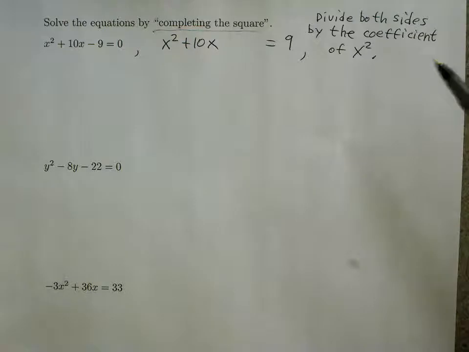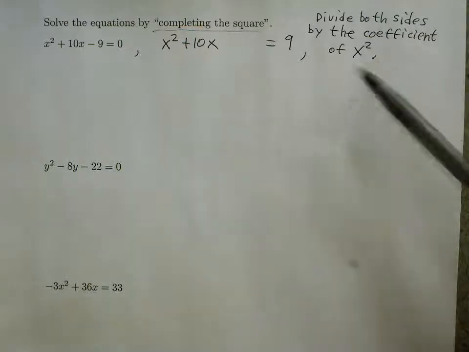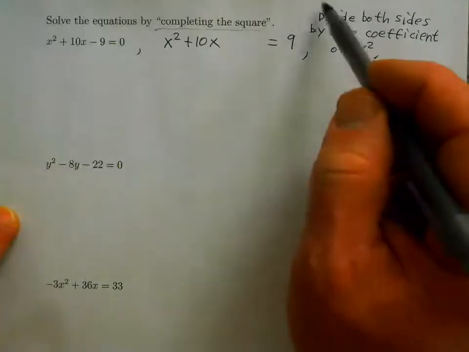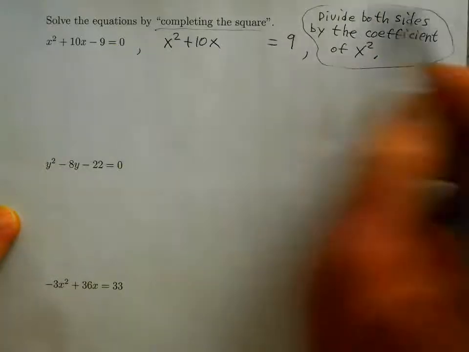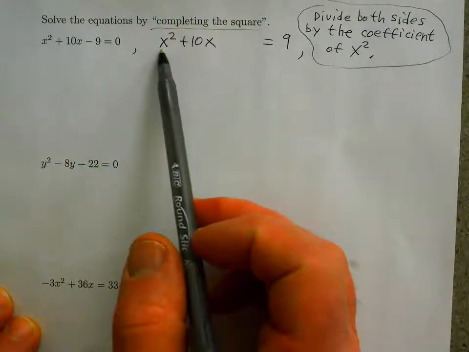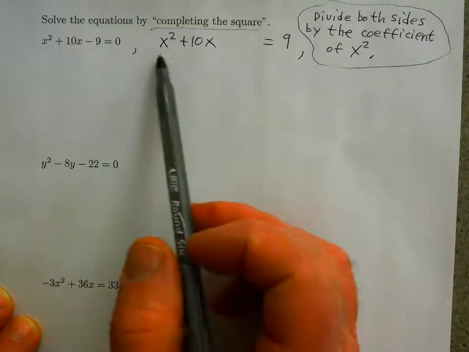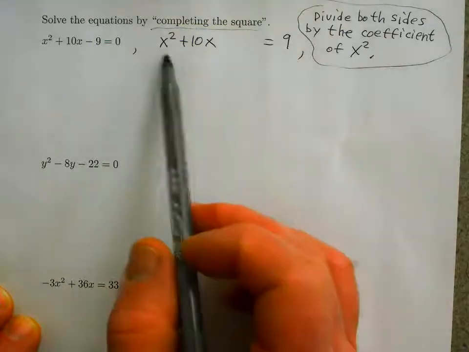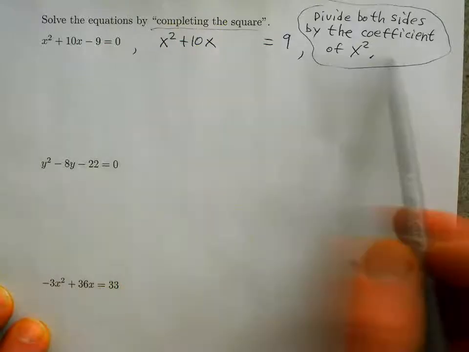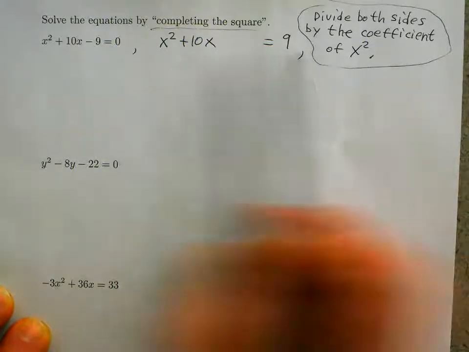But there will be situations where the coefficient of the squared term won't be 1. So I'm going to always mention that step just so that you'll have additional reminders that you need to, in general, divide every term on both sides by the coefficient of the variable squared. Okay, so divide everything by 1, nothing changes.